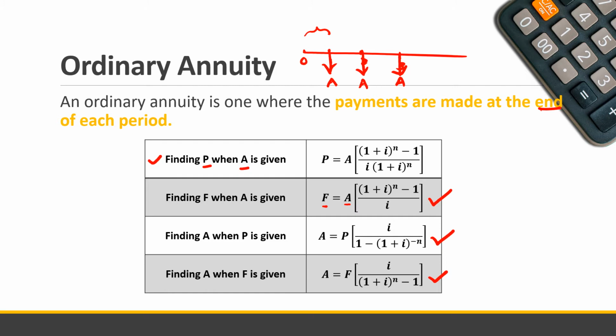For the first case, this is the standard equation, but you can also invert the equation, which suggests that this first case is also equal to A multiplied by 1 minus (1 plus I) to the negative N over I. Babaliktarin lang yung equation.